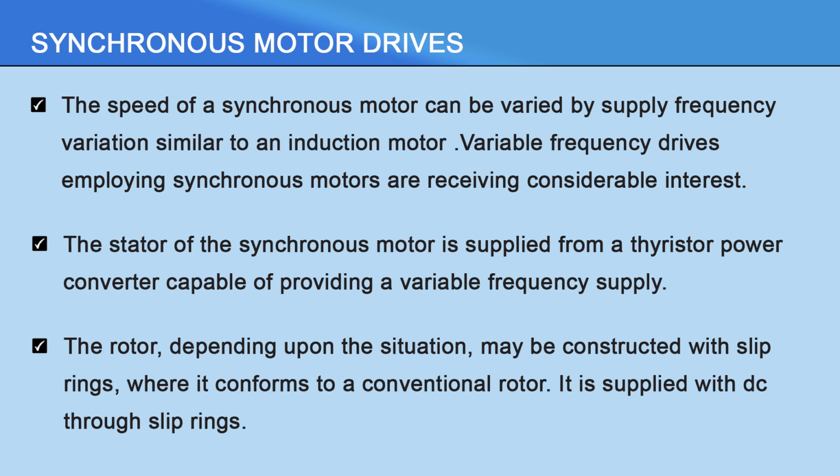The rotor, depending upon the situation, may be constructed with slip rings, where it conforms to a conventional rotor. It is supplied with DC through slip rings. Sometimes the rotor may also be free from sliding contacts, that is slip rings.